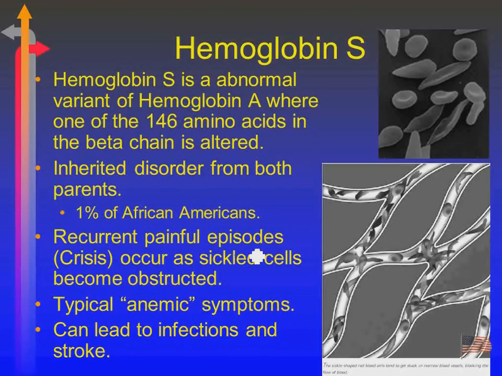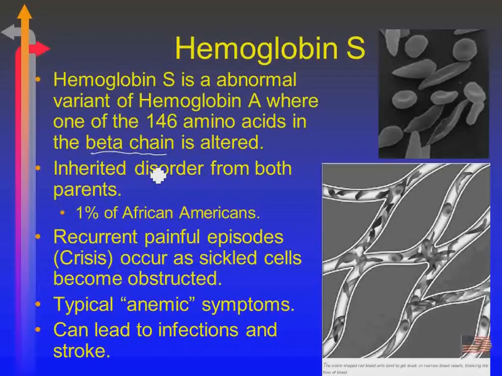And then finally, sickle cell hemoglobin. And sickle cell's situation where one of those beta chains, remember we talked about those, there's alpha chains and beta chains within the hemoglobin molecule.